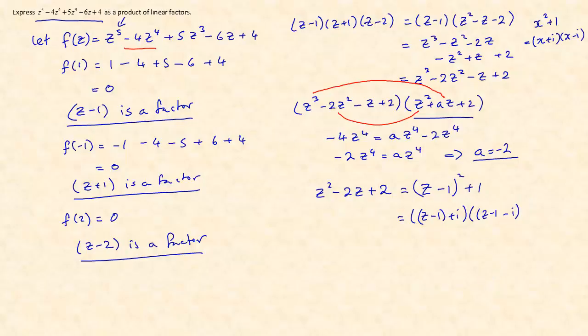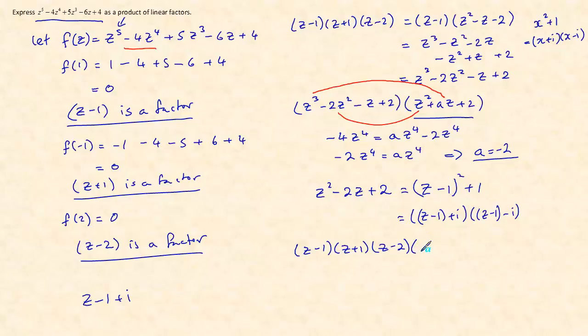So, I don't know why I've got the extra open bracket here. Okay, that makes sense. Should have closed the bracket there. So, we're there really now. We've got z minus 1, z plus 1, z minus 2, and then if we think about these ones, that's z minus 1 plus i.